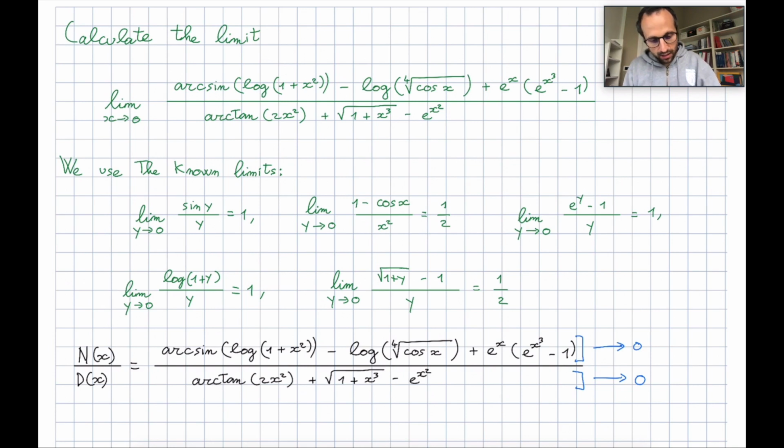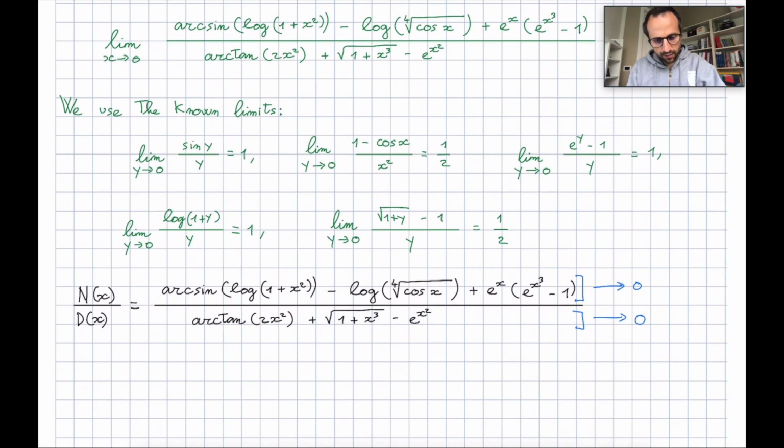Now, just two side remarks. The first remark is that we are going to use, while we do this exercise, all these limits here, which for me will be known. The second thing, I'm going to use a very simple notation that will shorten the expressions that I will have to write. So we write f of x tilde g of x, and this is read, f of x is asymptotic to g of x in 0.